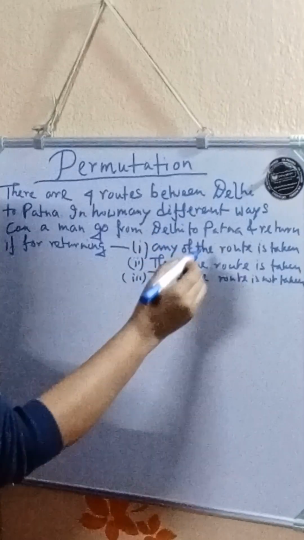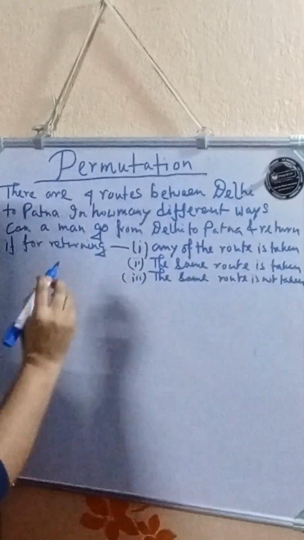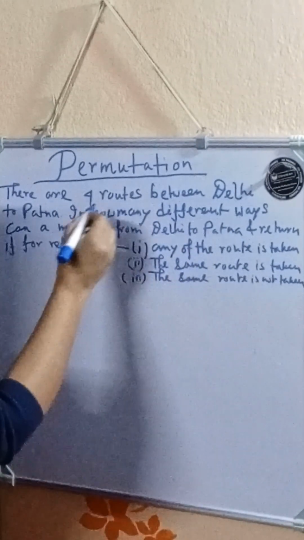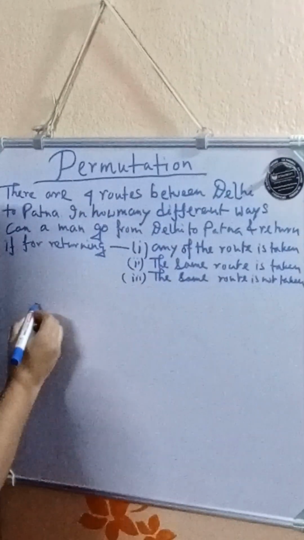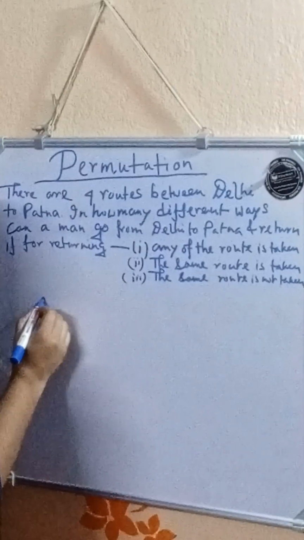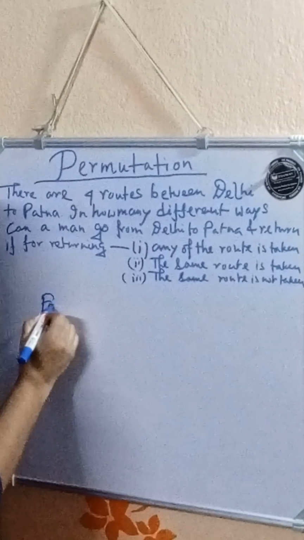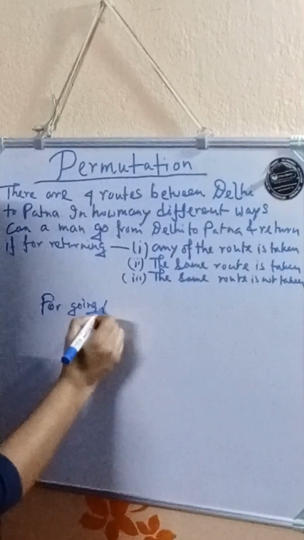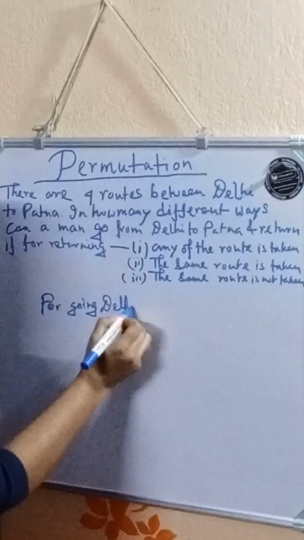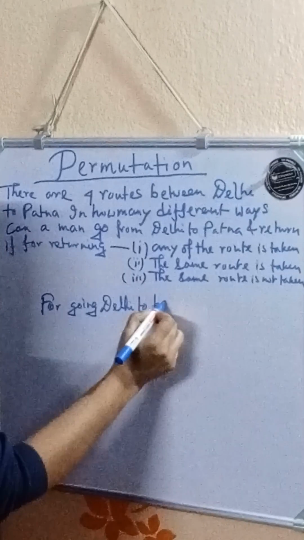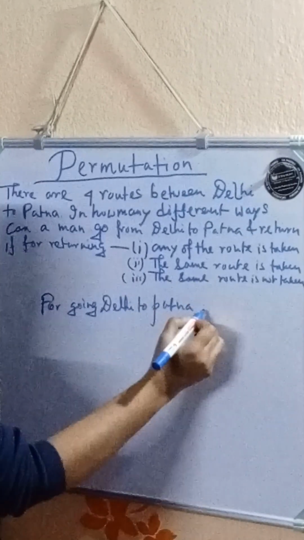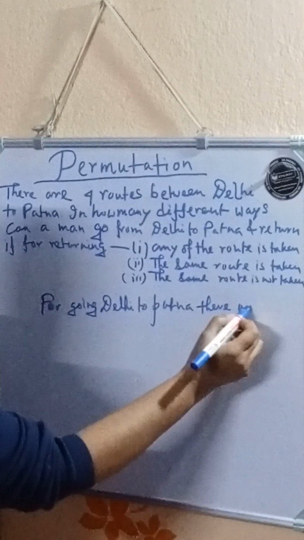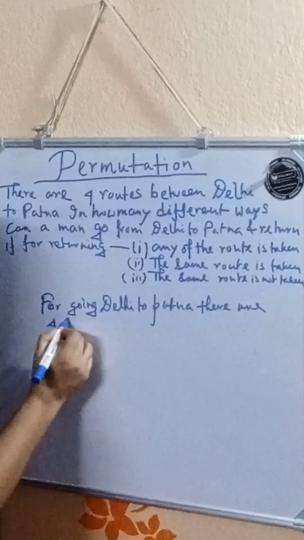If for returning any of the routes is taken, then for going from Delhi to Patna there are 4 routes. Therefore, for going Delhi to Patna, there are 4 different ways.